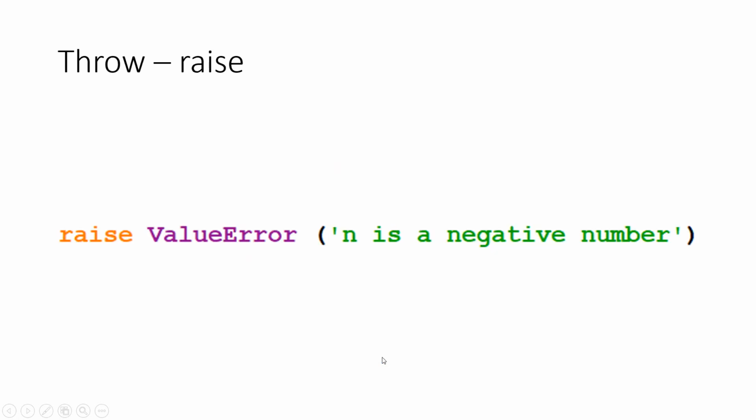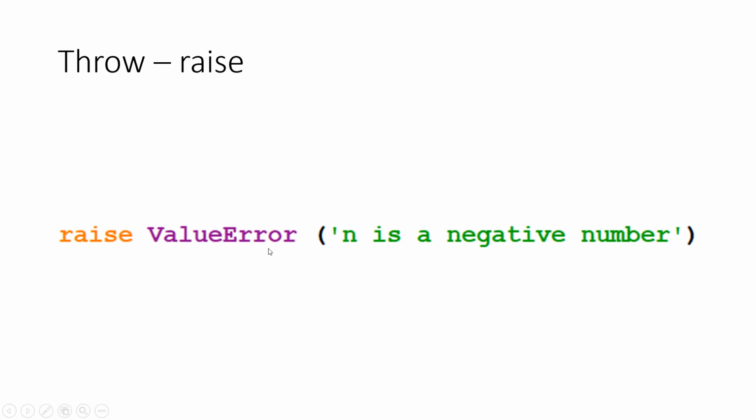Now let us understand how to raise an exception, which we generally call throwing an exception. When the exception is hit, the next thing we have to do is throw an exception. To throw an exception, we follow a small syntax. That is raise. Raise is the construct that helps us throw an exception, followed by what type of exception it is.